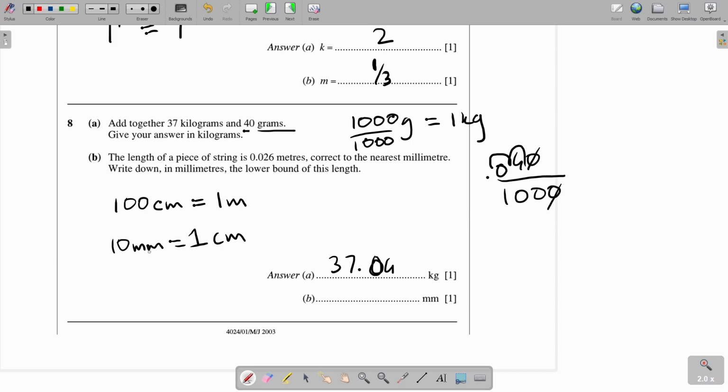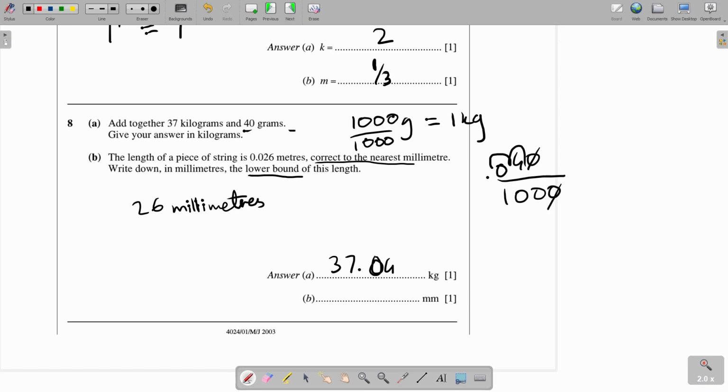So actually we don't really need to know this for this question, since it already says it's given correct to the nearest millimeter. So this is the nearest millimeter. So we can simply state that this is 26 millimeters. It would be good to know that, but we don't need it for this question. So this is 26 millimeters.